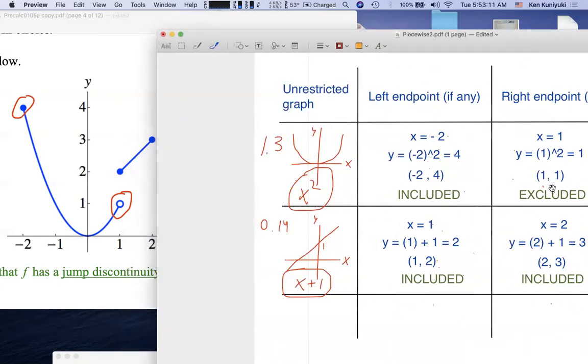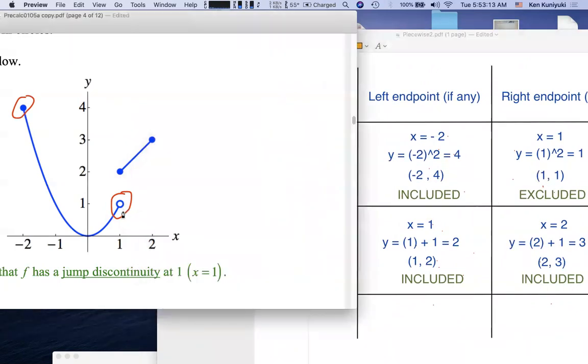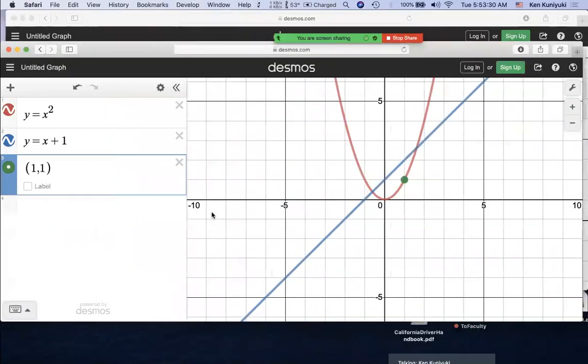Because the right endpoint at 1 comma 1 is excluded, I'm putting an open hollow circle at the right endpoint. By the way, we call this an open endpoint, not a hole. It's not a hole because there are no points immediately to the right of it. It's an open endpoint at the right end of this first piece. That's the piece of the red parabola that we want.